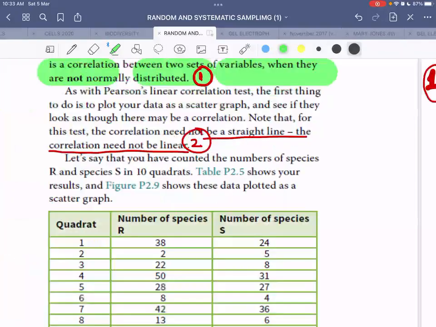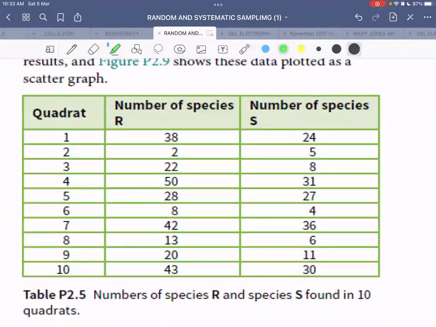He is saying this is a data, ठीक है, and this data shows you 10 quadrats, and in each of the quadrats is showing you number of species R and number of species S. Let's say as a scientist you have to find out the degree of correlation between these two species, but before finding that out he tells you make a null hypothesis for this.